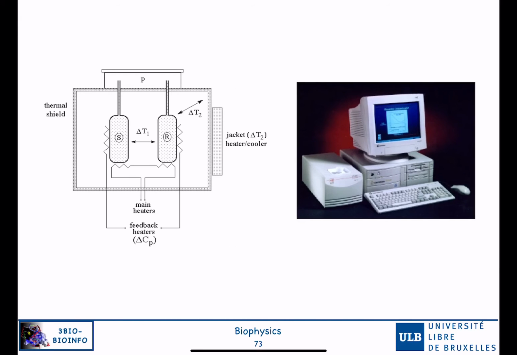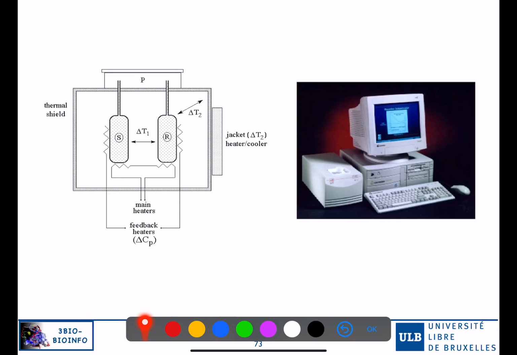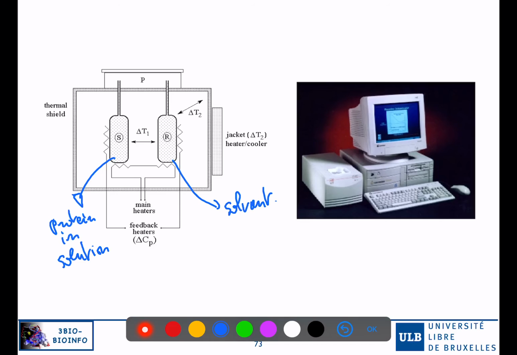Okay, so the method here, in this case, you have again two cells. Here you have your sample cell, and let's consider that you would like to study the unfolding of a protein. So in this cell, you have, for instance, the protein in solution. Here you have your reference cell, and in the reference cell, you have only the solvent.